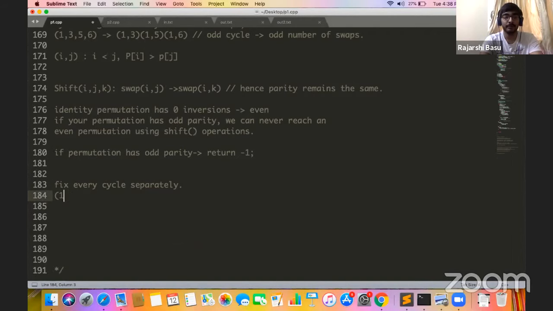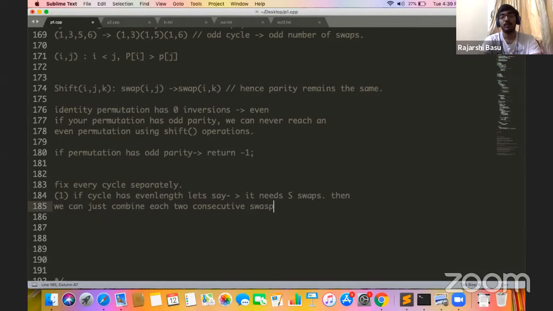If the cycle is even, let's say it needs S swaps. Note that I am saying S swaps; it means that the cycle has S plus 1 elements. If it needs S swaps and S is even, then we can just combine each two consecutive swaps, right?